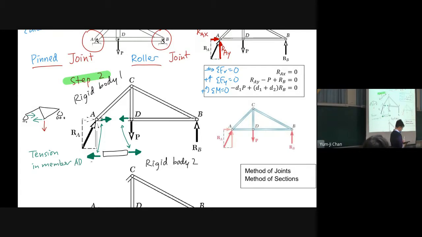We mark it as T_AD. Let me simplify it and not put all the symbols here. And of course, action and reaction are of the same magnitude, so we have T_AD here and T_AD here.